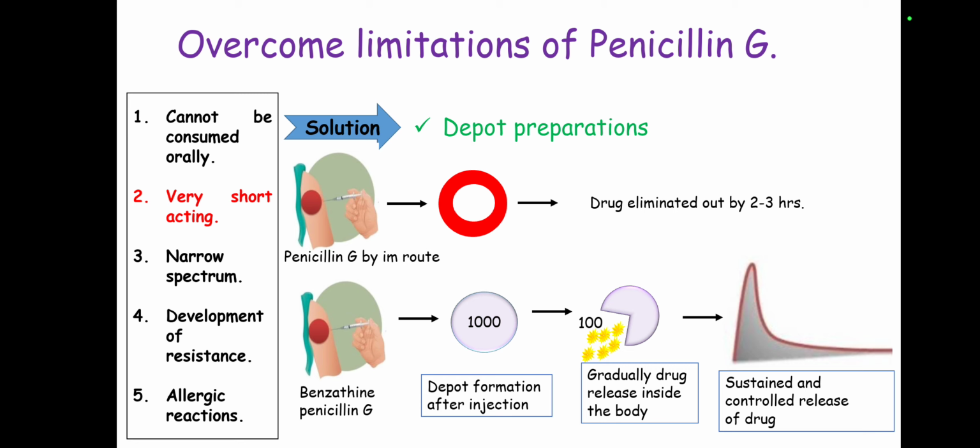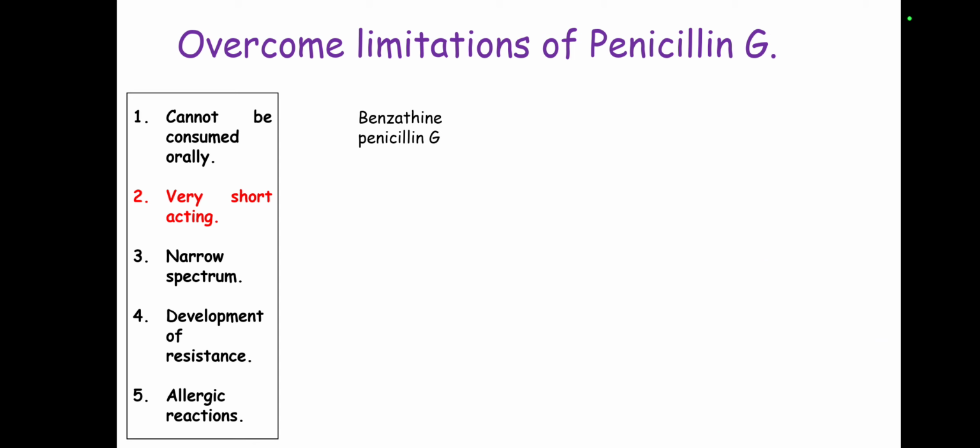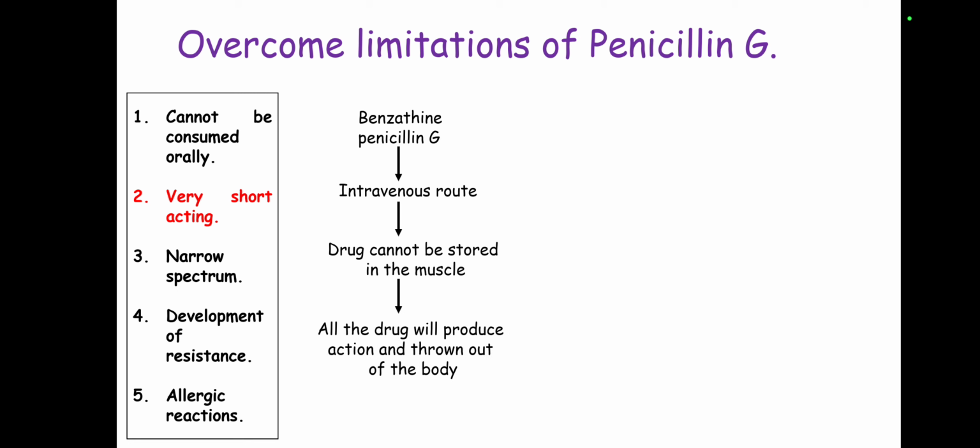So this preparation will increase the duration of action of benzathine penicillin G, and this benzathine penicillin G is the longest acting penicillin. Now suppose we give benzathine penicillin G by intravenous route, then what will happen? Yes, obviously the drug cannot be stored in the muscle. All the drug will produce the action and be thrown out of the body.